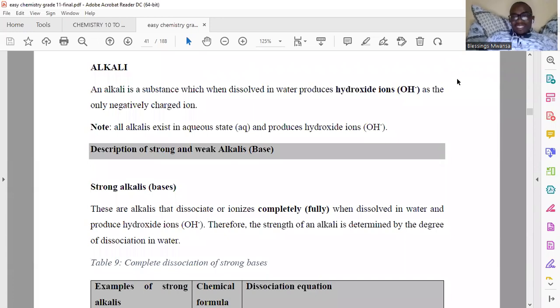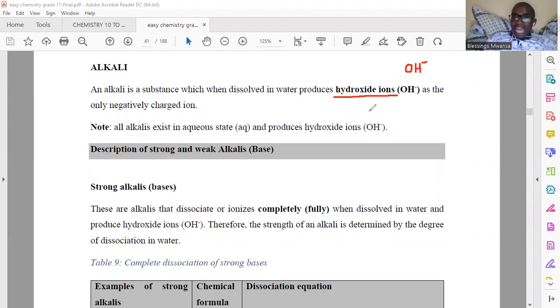Let's understand what an alkali is. But remember, an alkali is just a soluble base. When an alkali is dissolved in water, it produces hydroxide ions, which is OH negative.